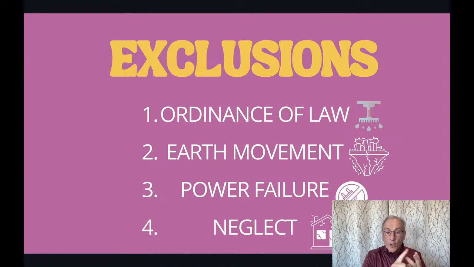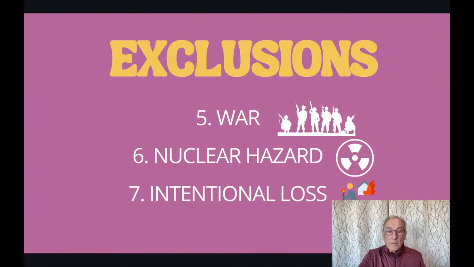Ordinance of law, earth movement, kind of like an earthquake maybe, power failure, neglect on your part, something broke or because you didn't take care of it, it just wore out, war, nuclear hazards, obviously intentional loss. You can't burn your own building down and expect to get paid.